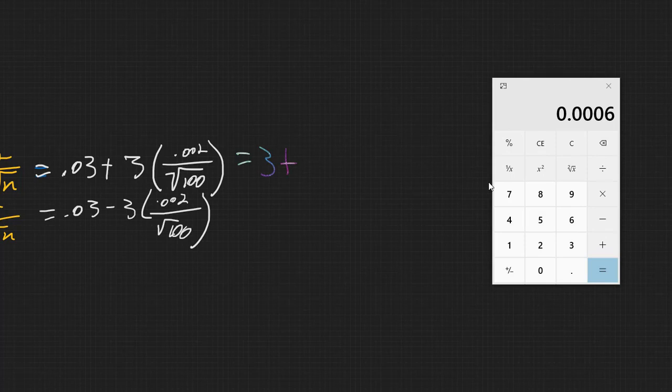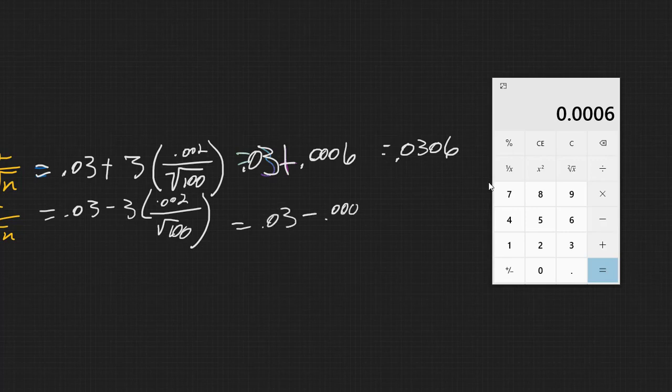So this is going to be 0.03 plus 0.0006, which is 0.0306. And the other one is 0.03 minus 0.0006, which is 0.0294.